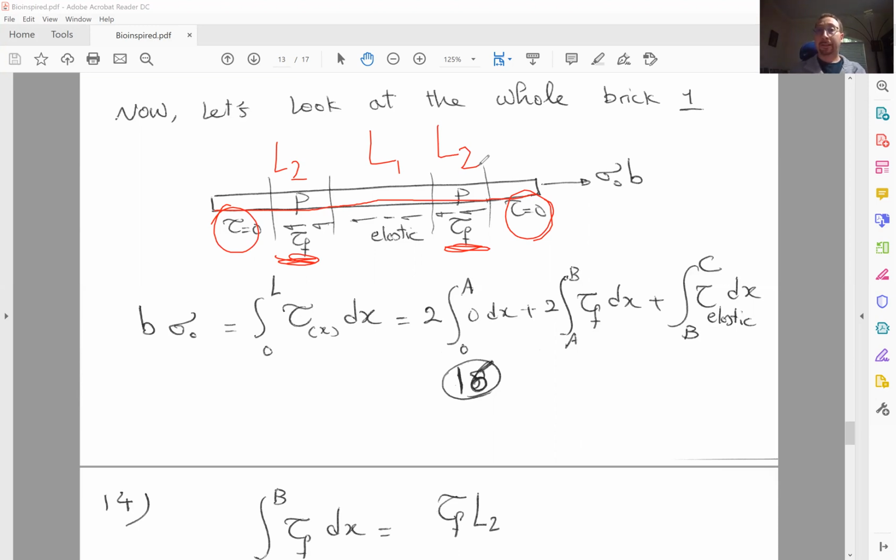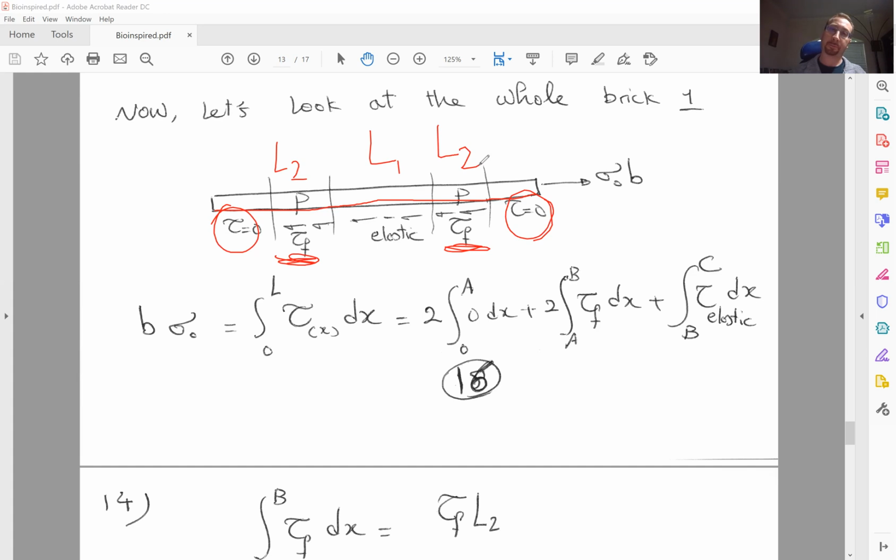Now, this tablet 1 is in equilibrium, which means the total force balances. The equilibrium equation that I told you earlier, d sigma 1 dx is equal to tau f over b, is the differential form of the equilibrium. But we can also look at it as the integral form.